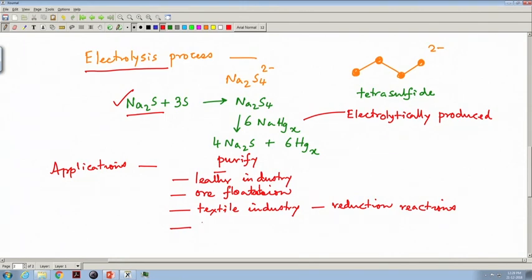And in the polymer industry also, if you simply think that we can have sodium tetrasulphide or sodium sulphide in solution, how can it help a particular material in the polymer industry, that we will see.